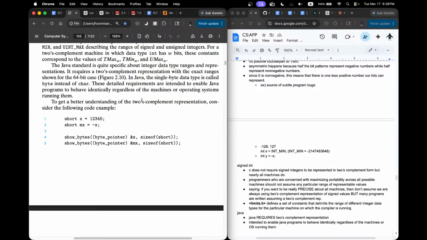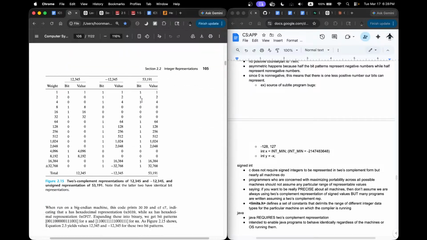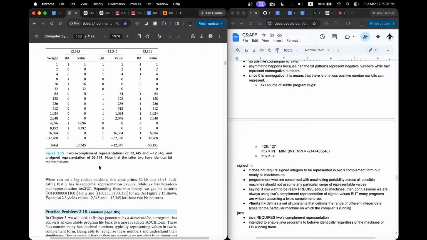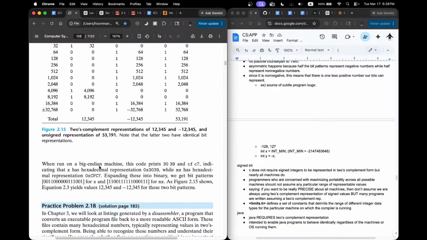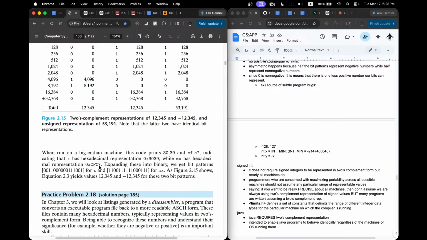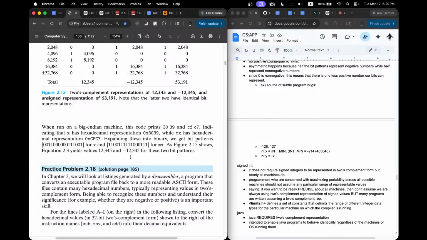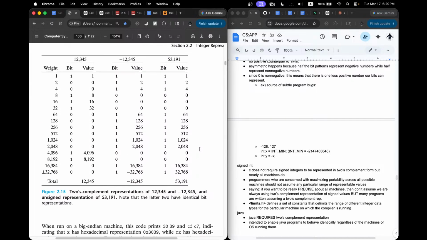When run on a big endian machine, the code prints 30 39 and CF C7, indicating x has hexadecimal representation 0x3039, while mx has hexadecimal representation 0xCFC7. Expanding these into binary, we get bit patterns. As Figure 2.15 shows, Equation 2.3 yields those values for the 2-byte patterns.